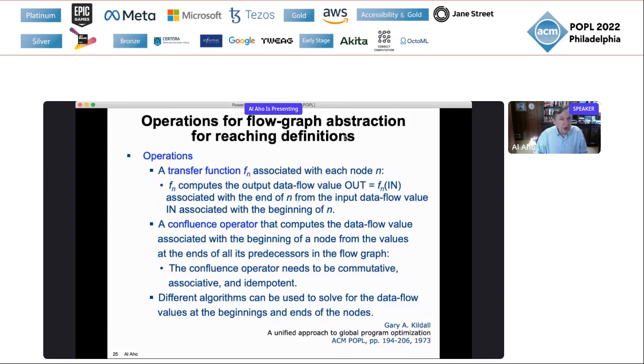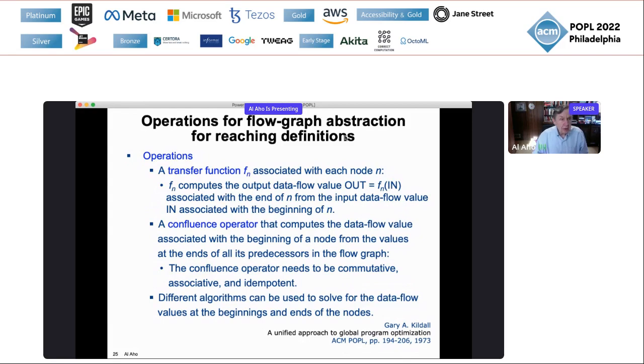There are two operations in the flow graph abstraction. The first is a transfer function associated with each node. The transfer function computes the output data flow values associated with the end of the node from the input data flow value. And the second operation is a confluence operator that computes the data flow value associated with the beginning of a node from the values of the data flow values at the ends of all its predecessors in the flow graph.